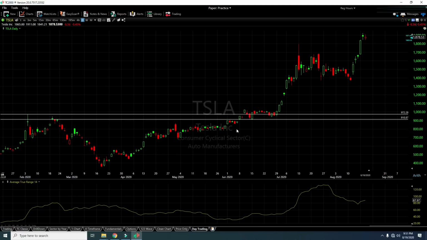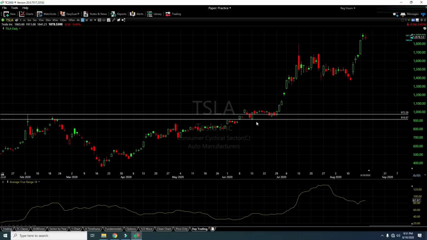Now we have identified the trend direction of this stock. The second step is waiting for the stock to break through the resistance or support and wait for a pullback.